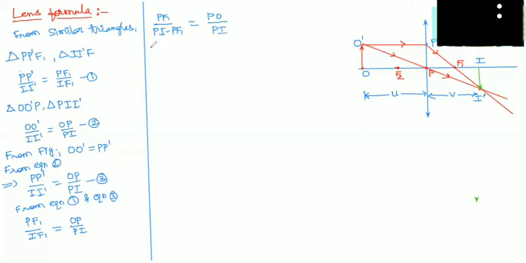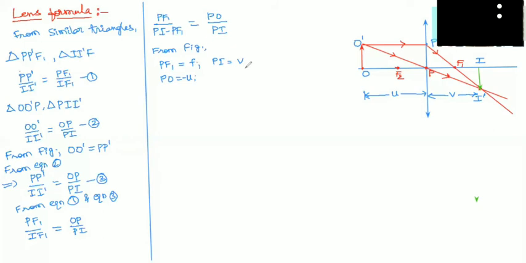Now all the distances, if we write from the figure by applying sign conventions: PF1, optic center to focus, the distance we will take as focal length F. Next PI, optic center to image, the distance we will consider as image distance V. Next PO, optic center to object, the distance we will take as U, as minus will come when we consider sign convention into account.